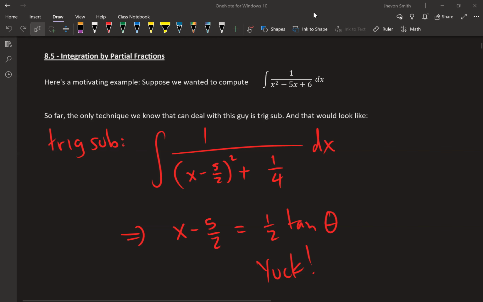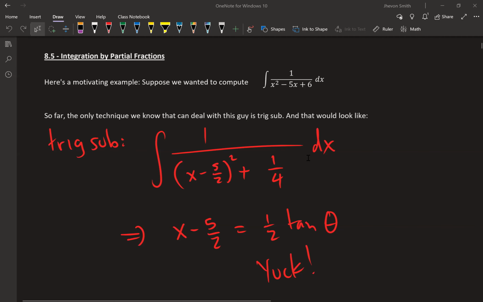So if you want to find the integral of a big messy fraction, breaking it up into smaller fractions is often a lot easier to deal with. Partial fractions is a method to do that. And then integration by partial fractions is simply an integration technique where you first do partial fractions and then integrate the resulting smaller fractions using some previous technique that you know about.